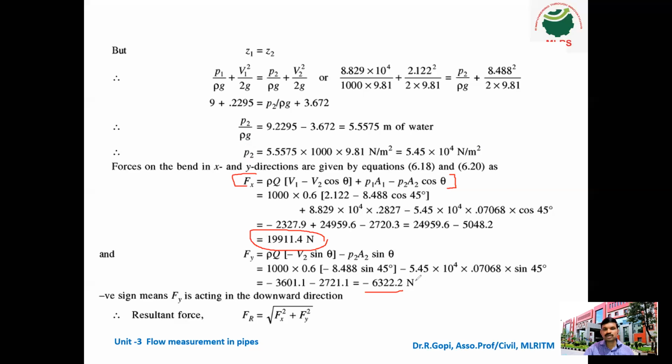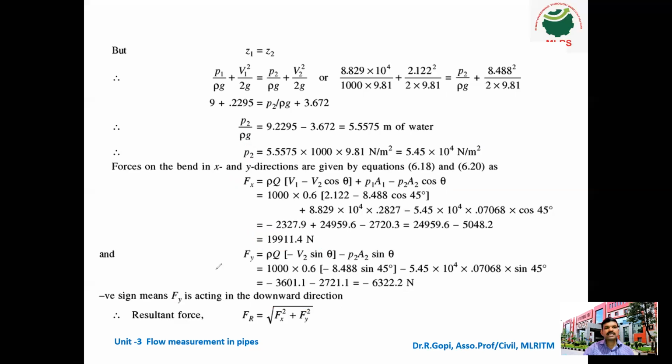We don't bother if the answer comes minus. So how to handle it? No problem. Here you can mention like this: the minus sign indicates Fy is acting in the downward direction. It may be acting positive or negative, whatever it may be.